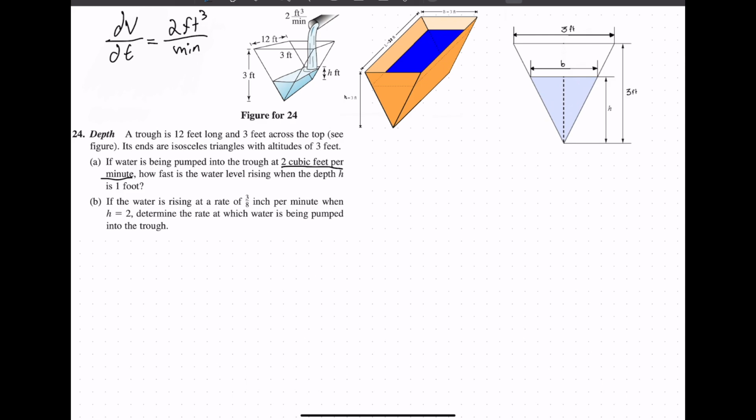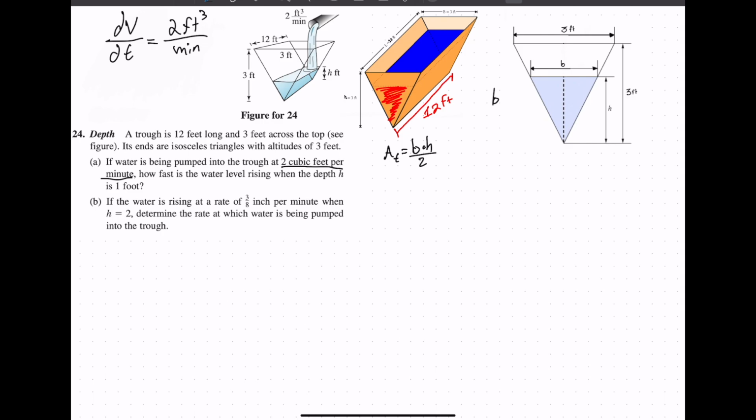Now, because we have a triangle shape here that I'm highlighting, and then we have a length here of 12 feet, that will calculate the total volume for this trough. The area of a triangle is simply base times height over 2.